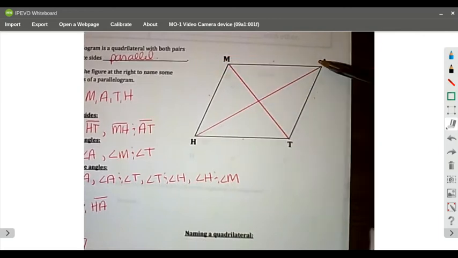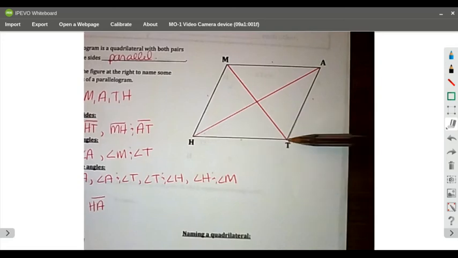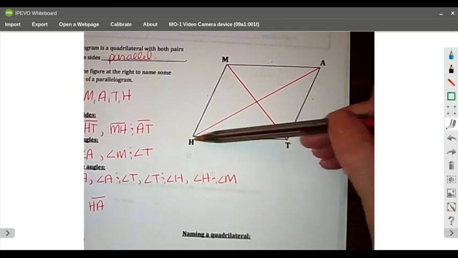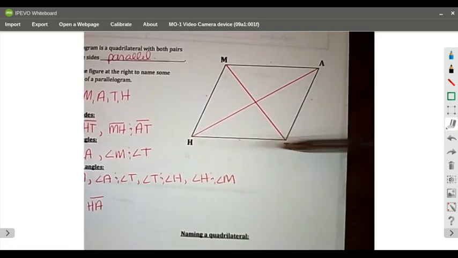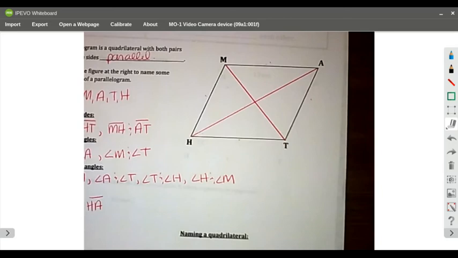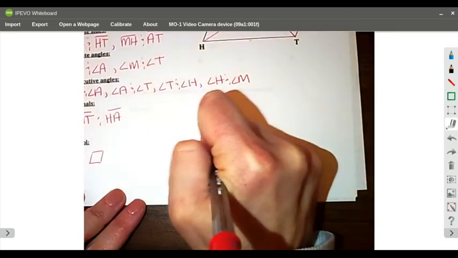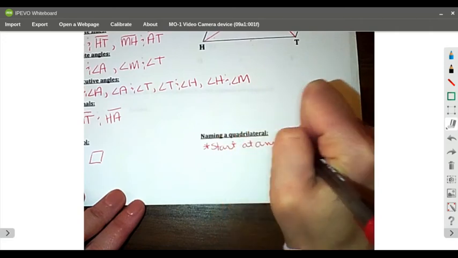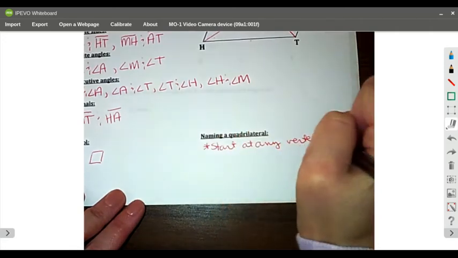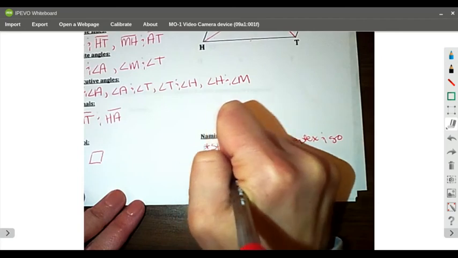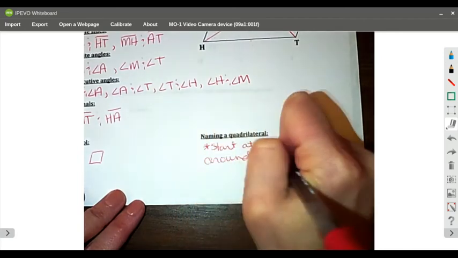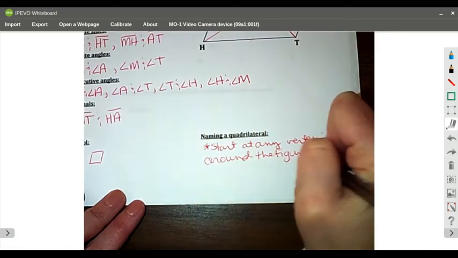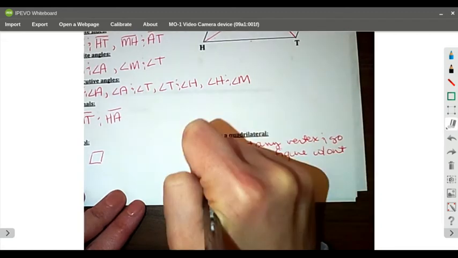So you would go M, A, T, H, or M, H, T, A. Or you could start at any of these. Like I could call it H, M, A, T, or H, T, A, M, and so on. So to name a quadrilateral, you start at any vertex and go around the figure without skipping around. Does that make sense?